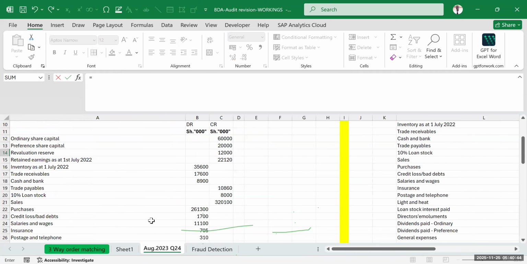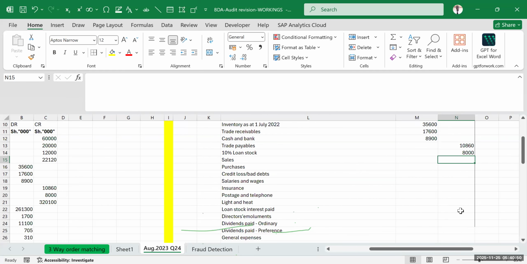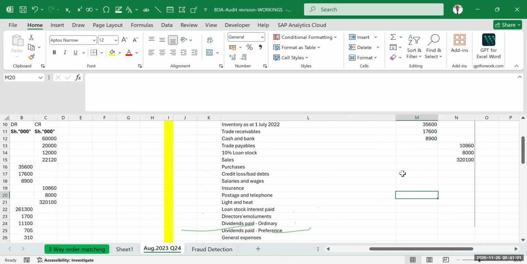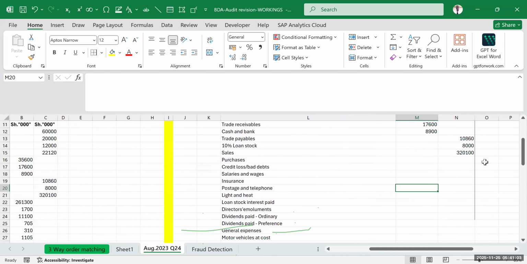That's where it should fall. Then we go to 10% loan stock, which is also a liability, credit side. Liabilities end there. We go to sales. Sales is also revenue, normally credited in the statement of profit or loss. So in our trial balance, it has to be credited.